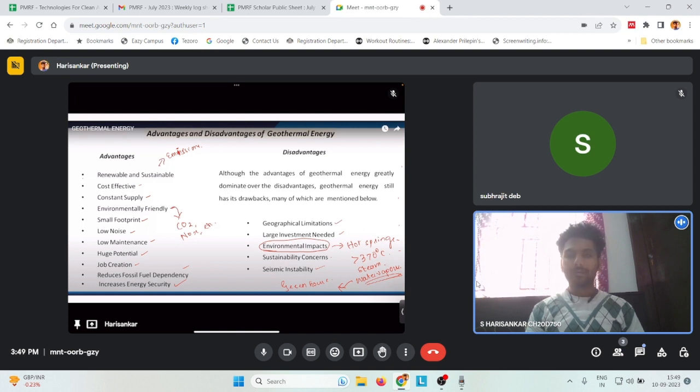I didn't go through it in detail, but I think you can also check what this environmental impact is as a disadvantage. But to my understanding, this is one concern that we usually have with geothermal energy.